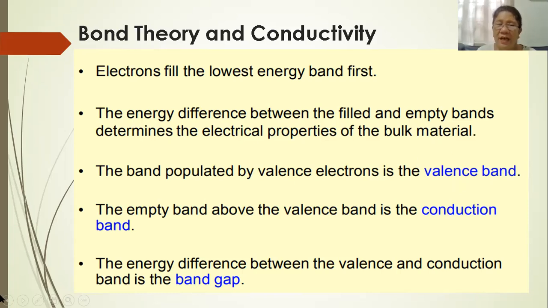The empty band above the valence band is known as the conduction band. Then, the energy difference between the valence and conduction band is known as the band gap. So, we are talking here about definition of terms. There are many definitions of terms here, many to memorize. Okay.